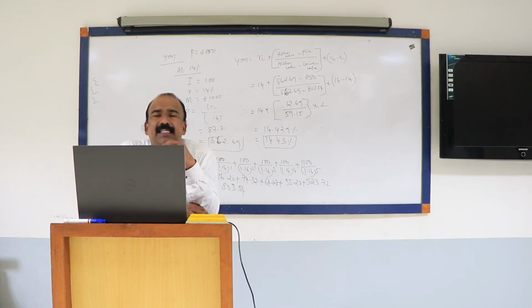But in reality, at what rate that interest is going to be reinvested may be different. If that rate is different, then we'll have to calculate realized YTM. Okay? So I repeat, YTM assumes that the interest we receive is reinvested at the same YTM.